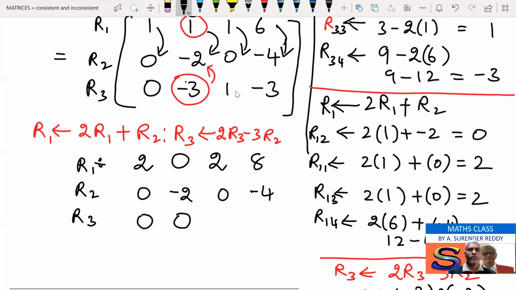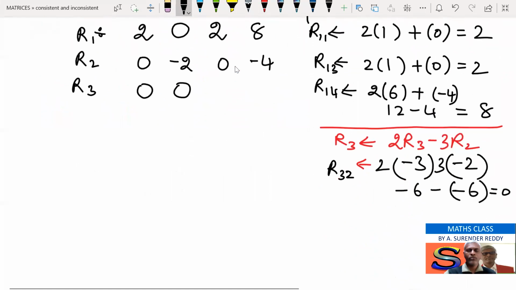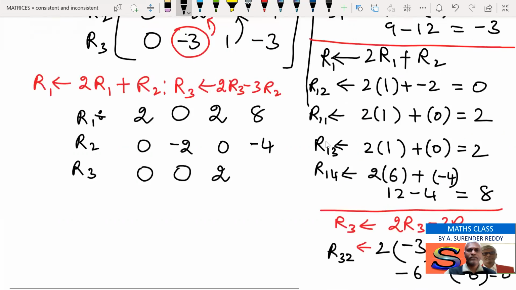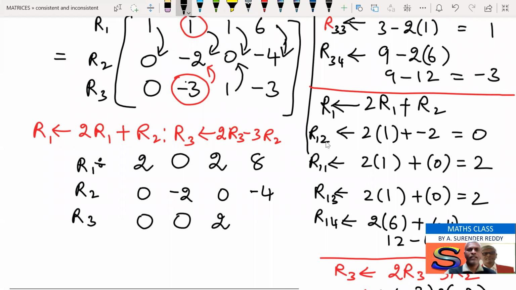So now 1 0, R3 1, R2 0. Substituting 1 and 0 here, 2 into 1, 3 into 0, so 2 into 1 is 2. So next, -3 -4.